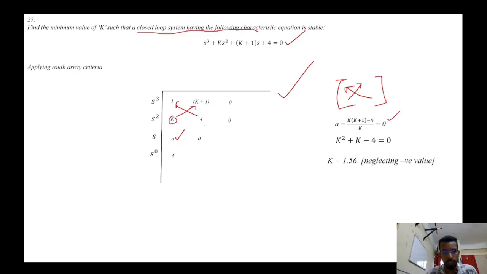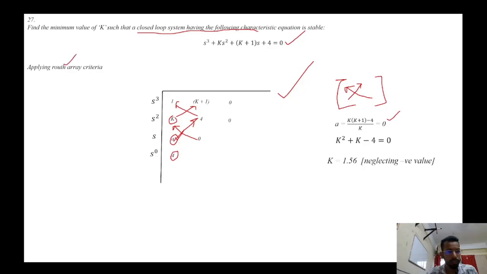Again, how will 4 come here? A into 4 minus 0 into k, that will be 0, divided by A. So that is the Routh array.